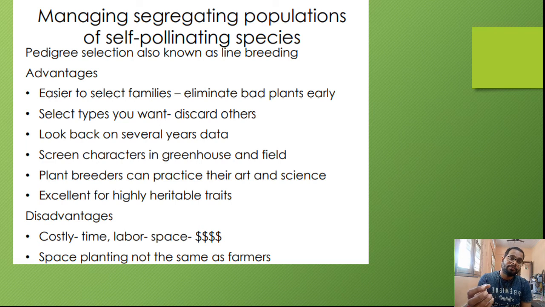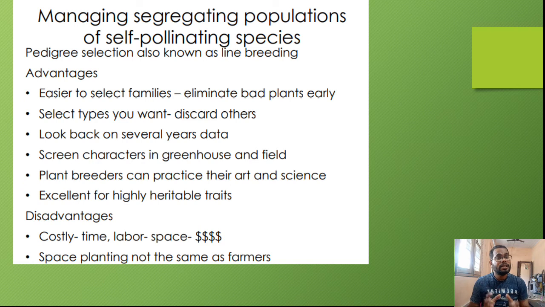So in F2, the selection in each family is very easy, instead of selecting plants from the whole family. Suppose there are 100 families, meaning 100 segregants; studying all 100 at a time is very difficult. But if you study a single family at a time, it is very easy.